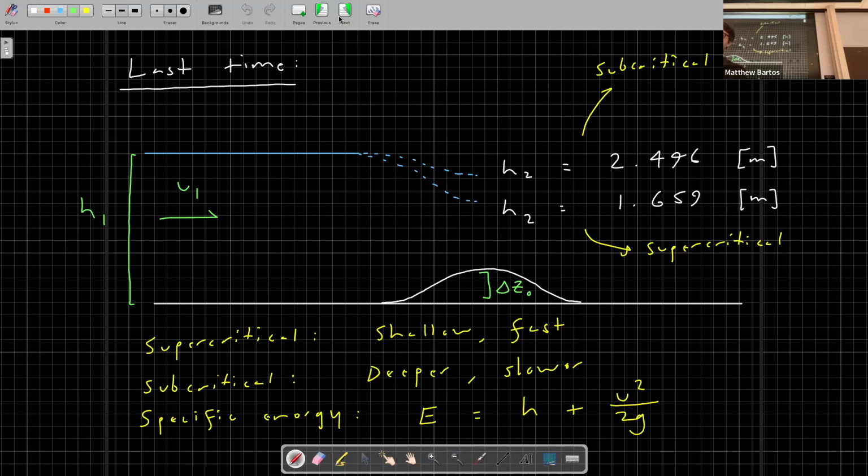Is it going to be the subcritical or supercritical solution? Subcritical. Why is it going to be the subcritical solution? Do we know yet? Any ideas for how we can figure this out?